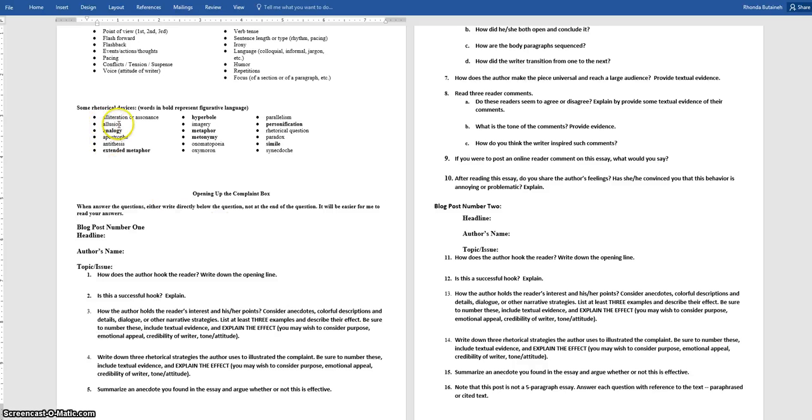Allusions is where they refer to something in history or literature. The writer alludes to another topic. Analogy is like a metaphor, comparing 2 things. Antithesis: you have anti and then thesis, and so antithesis is where you have 2 contrasting ideas in the same sentence, right next to each other.